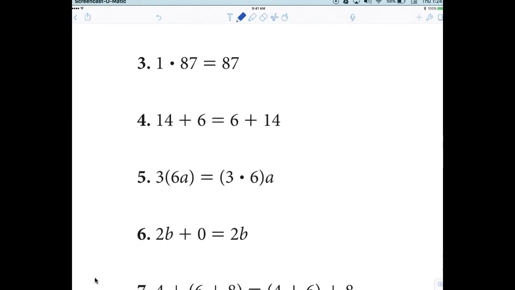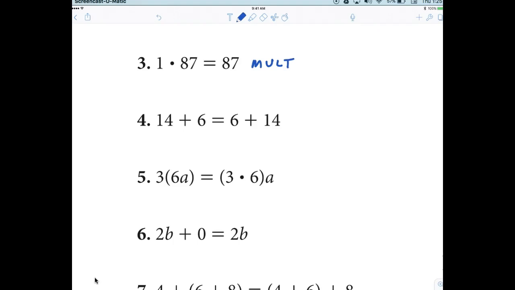Number 3. What happens if you multiply by 1? You get the same answer. Now that, no, associative has to do with grouping. Who do you associate with? That's your grouping. This is called the multiplicative identity. Multiplicative is just a fancy way of saying multiply.